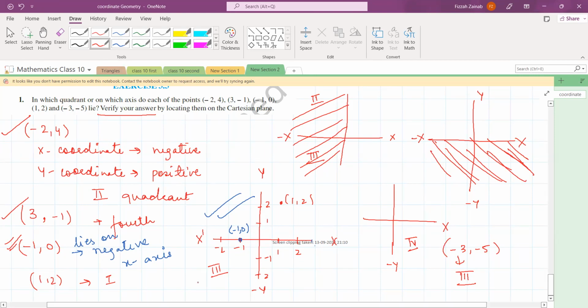So after writing all this, you will say, now we plot all these points on the graph. So can you plot it or should I help you?